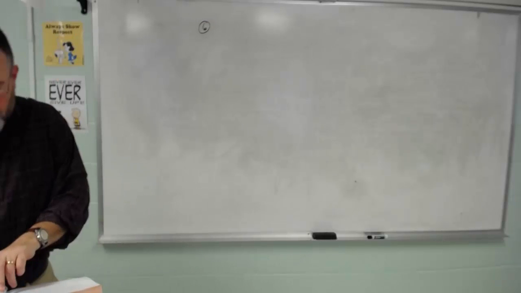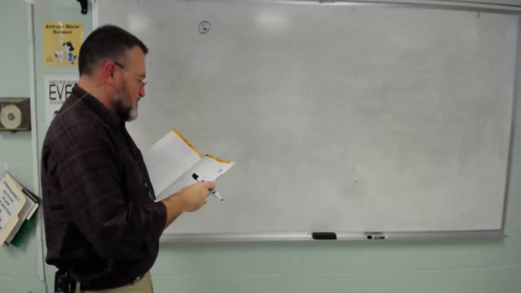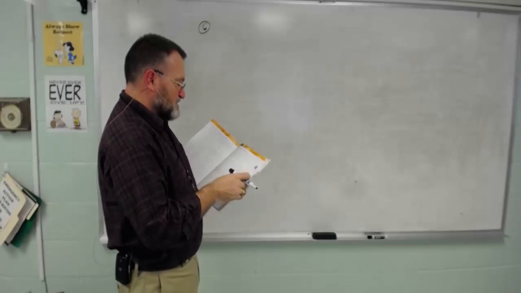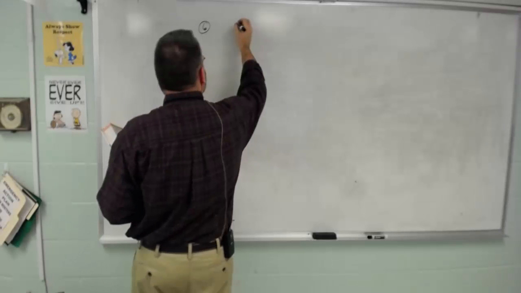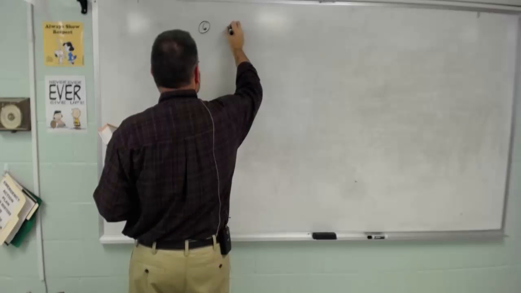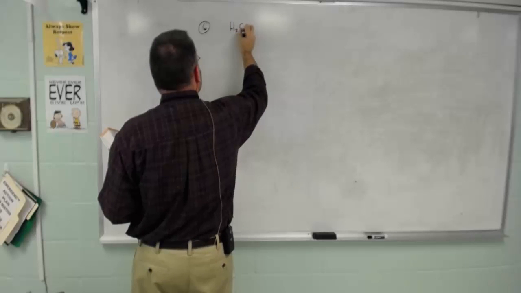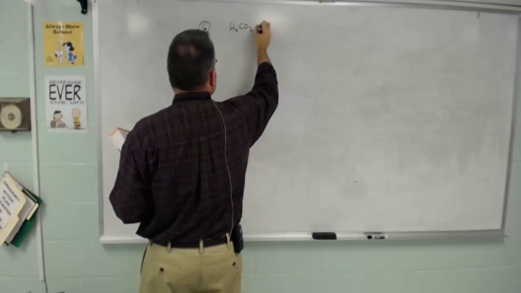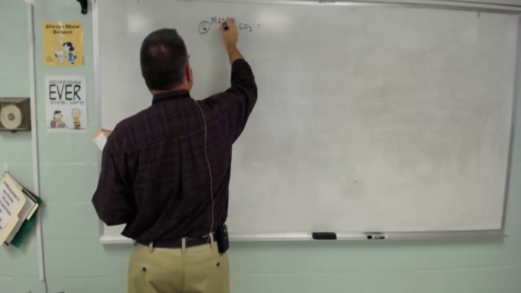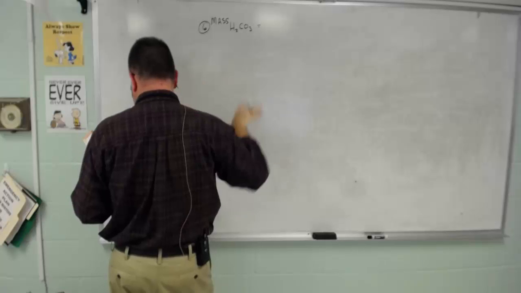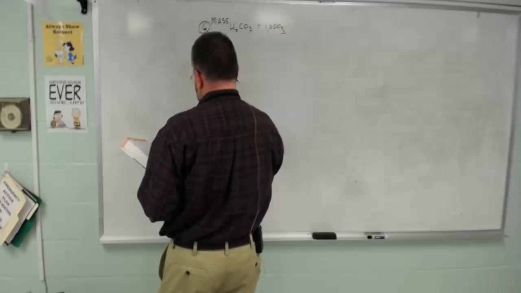Okay. Number 6. How many moles of H2CO3 are in a 1,250 gram sample of the compound? So my sample mass of H2CO3 is equal to, let me write this, my mass of my H2CO3, my sample, my whole thing, is 1,250 grams.